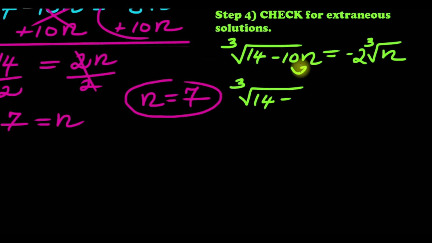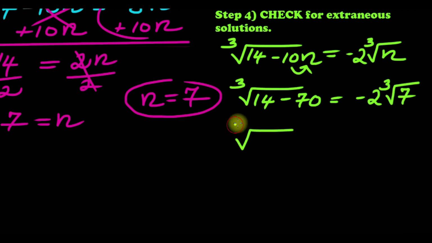So 10 times 7 is going to give you negative 70. And then here you have negative 2 and then cube root of 7. And then here you have cube root of 14 minus 70 is negative 56. And then here you have negative 2 cube root of 7.